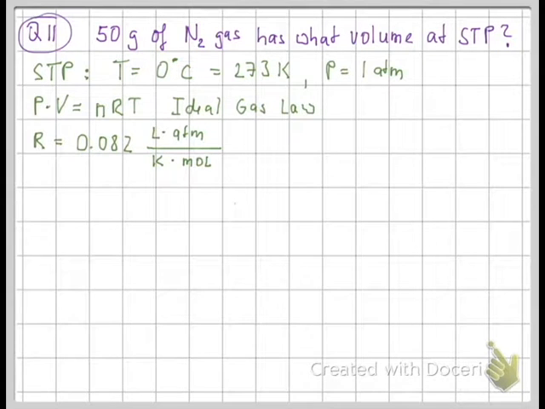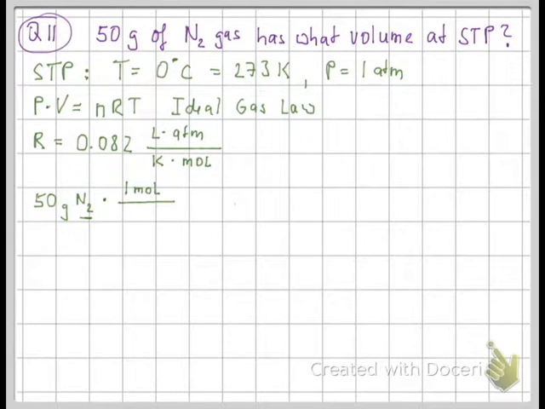Oh, wait, and we need to figure out the 50 grams, because we can't work from grams. We have to get from grams to moles, because PV = nRT deals with moles. So 50 grams of N2. We want to get rid of the grams, and we want to relate that to moles, so we have to use the grams to mole conversion factor. This is N2 gas, not the nitrogen atom itself. It's the N2 molecule.